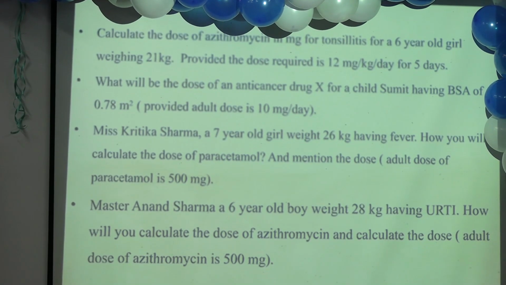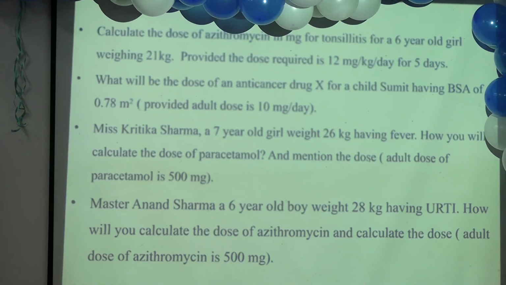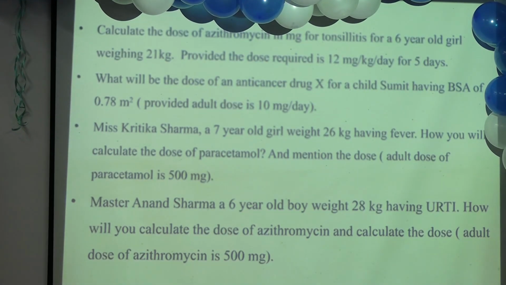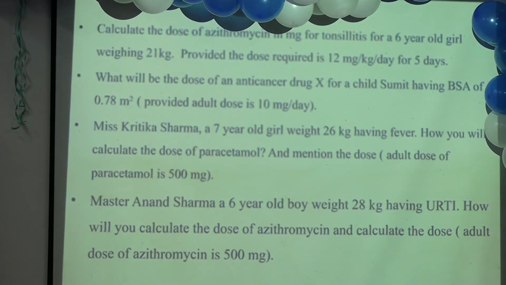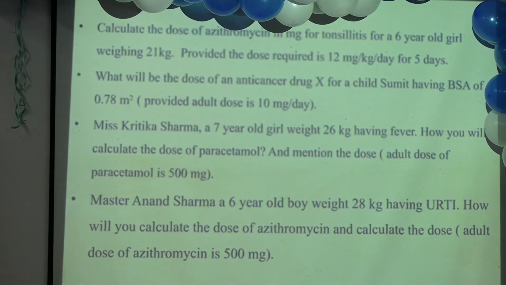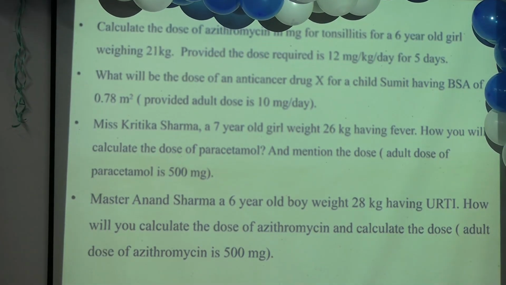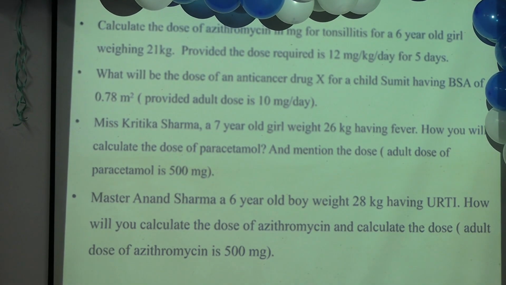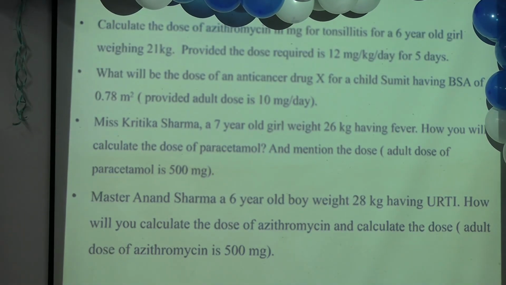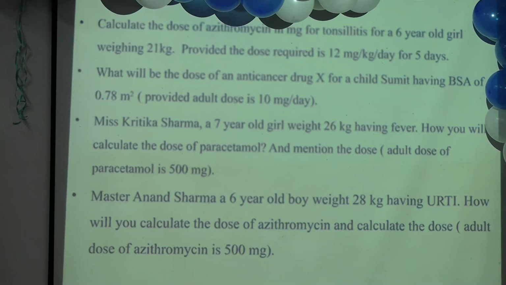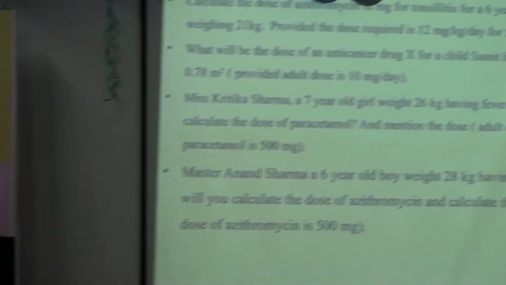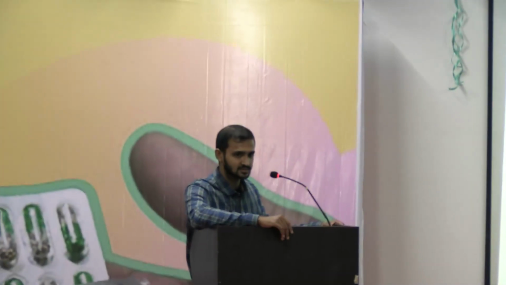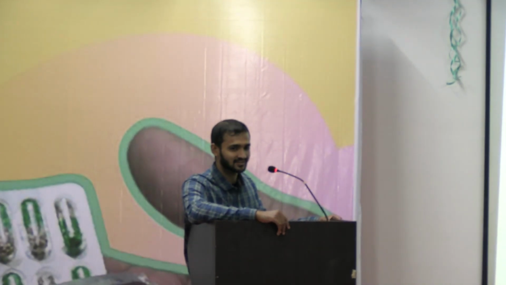Master Anand Sharma, a 6-year-old boy, weight 28 kg, having URTI. How will you calculate the dose of azithromycin? Adult dose is 500 milligram. Simple. 200 mg. Okay. This is the dose. Okay. Per dose. Any confusion? Finish. Last bench. कौन सा क्वेश्चन अटका हुआ है तू?